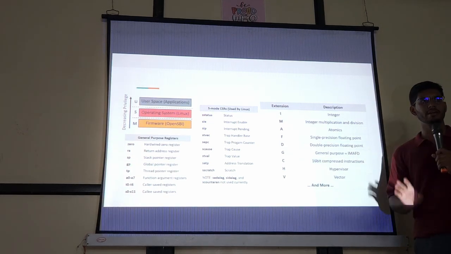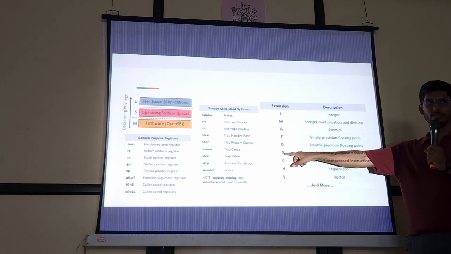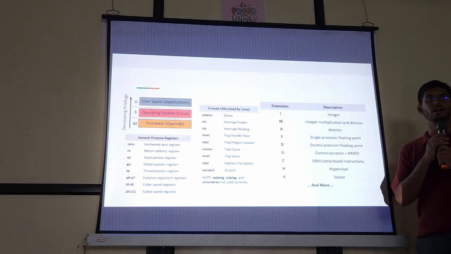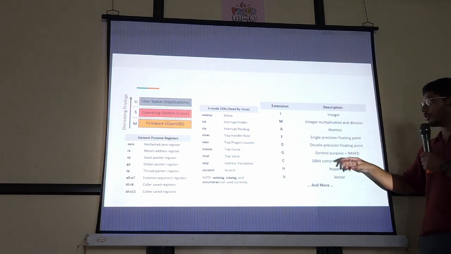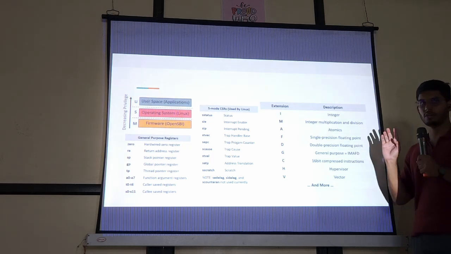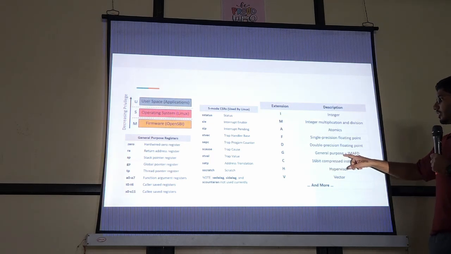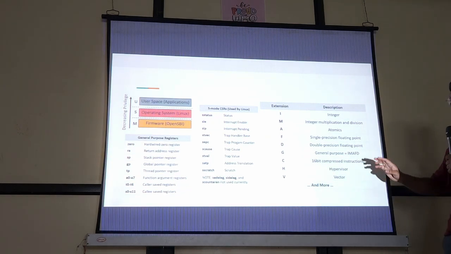Any RISC-V core will have this G extension. So you can find a few RISC-V based cores as RV64GC. What it means is that it is a RISC-V 64-bit core with general purpose IMAFD, all these things, along with 16-bit compressed instructions.